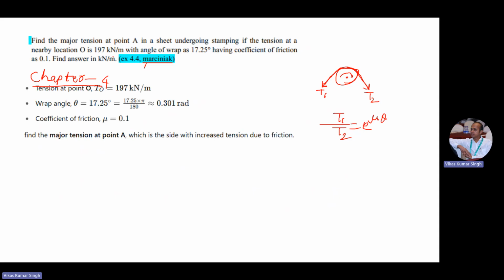Here you can see the tension at the point O. Again, one side tension T naught is given, and the wrap angle is given, theta equal to 17.5. Whenever we put theta in the formula, we cannot put it in degrees, so we have to convert it into radians. Always convert by multiplying theta by pi by 180.